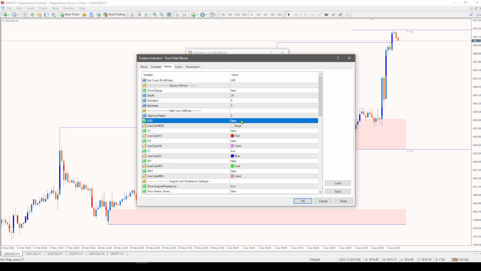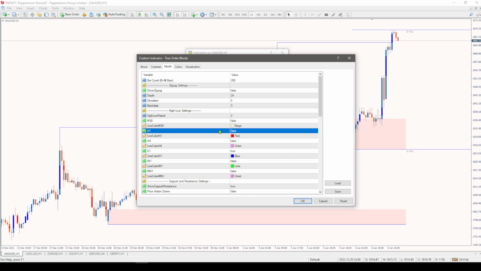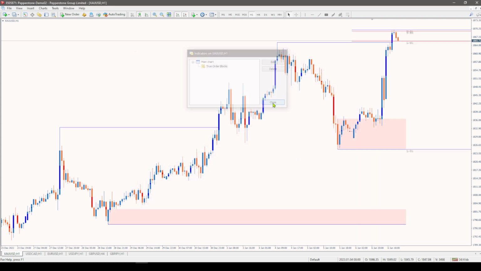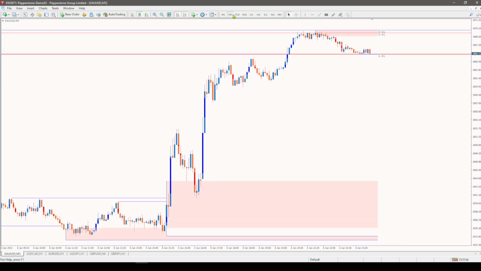When you make it true, you can see the H4 or H1 high and low. Let me show you. H1, make it true, and the color is red. Close. Now if I go to the lower time frame, you can see this is the H1 high, and this is the low.